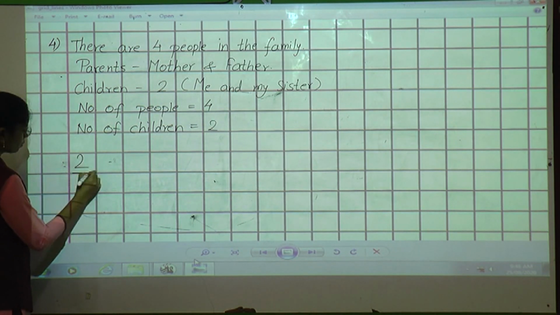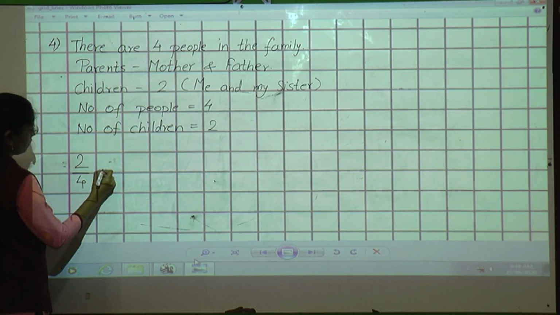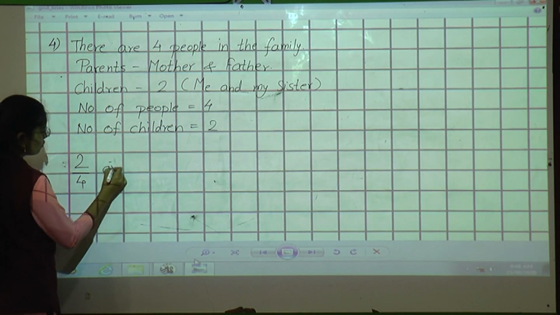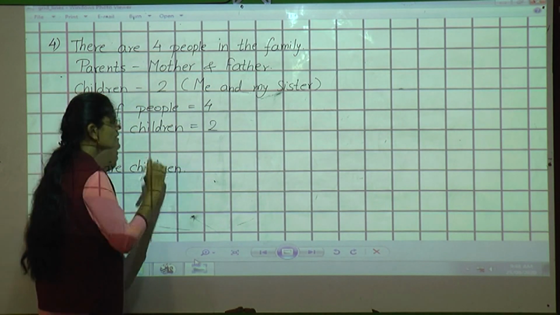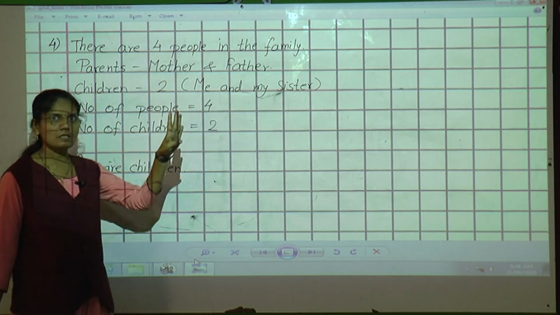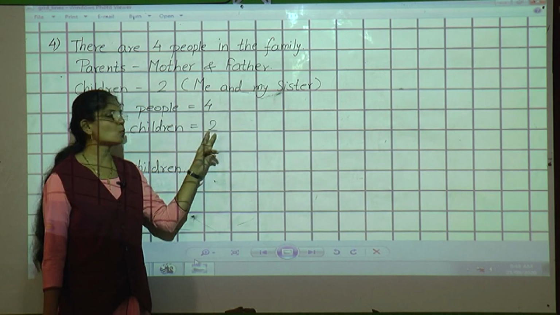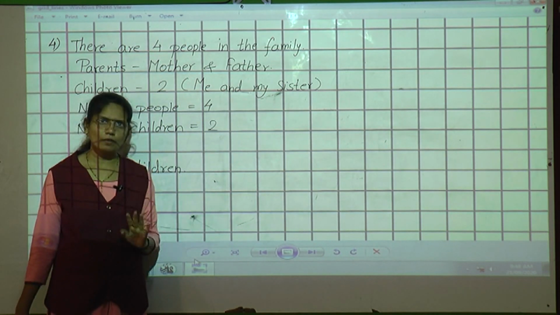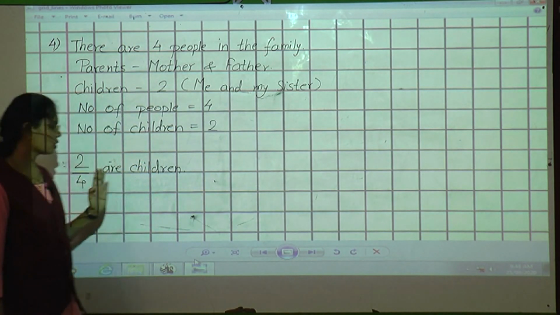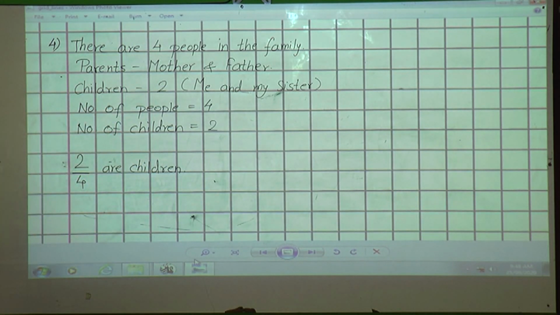So here you have to write 2/4 are children. Clear? Because there are total 4 people and out of that 4 people 2 are children. So what is the fraction of the children? 2/4. Okay, clear?